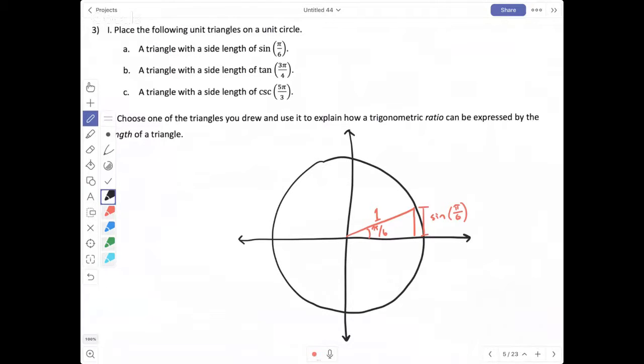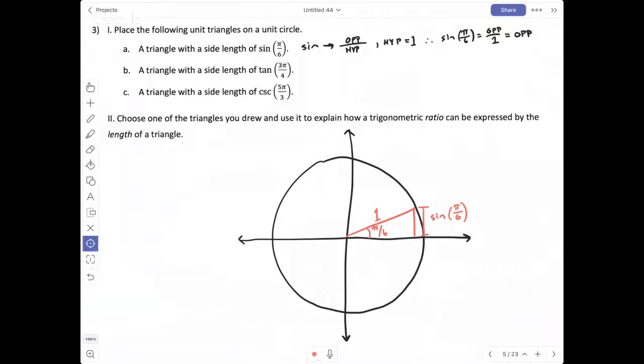So here I'm saying I know that sine is opposite over hypotenuse. And if the hypotenuse is 1, then sine of pi over 6 equals opposite over 1, which is just the opposite.